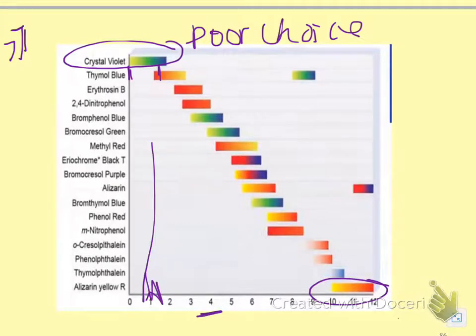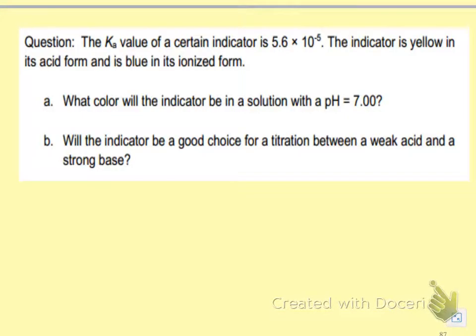Okay, so let's take a look at another one. The Ka for a certain indicator is 5.6 times 10 to the minus 5. The indicator is yellow in its acid form and blue in its ionized form. So the question is, what color will the indicator be when the pH is 7?